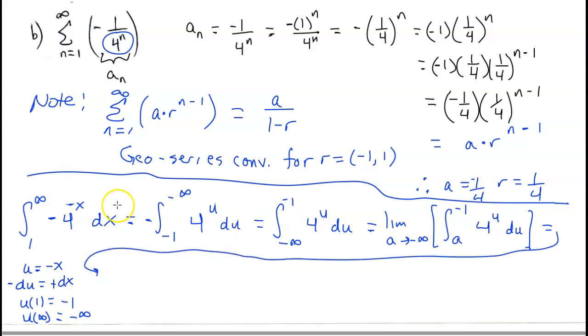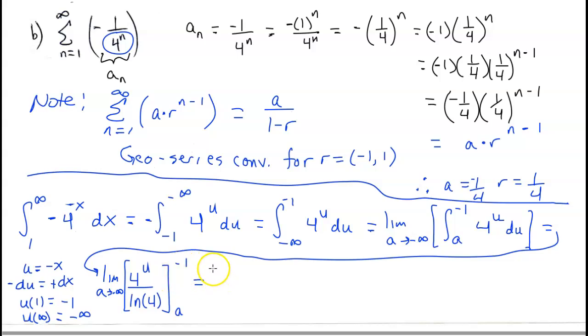And if we worked all that out, the antiderivative of 4 raised to the u, I know this looks kind of bad here, so I'm going to try to make this u look a little different. So 4 raised to the u would just be 4 raised to the u divided by natural log of 4. And that would be evaluated from a to negative 1. And then we would also be doing the limit as a approaches negative infinity for that.